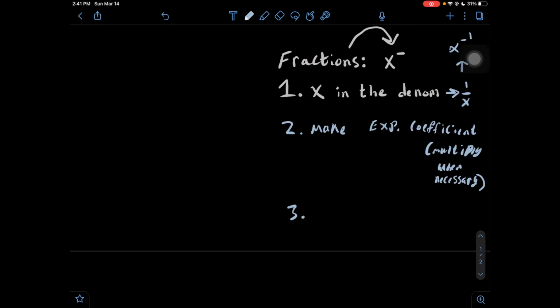Next, we have step 3, which says decrease your exponent by 1 or subtract by 1, which, as you know, is similar to our basic rule. So decrease exponent by 1.